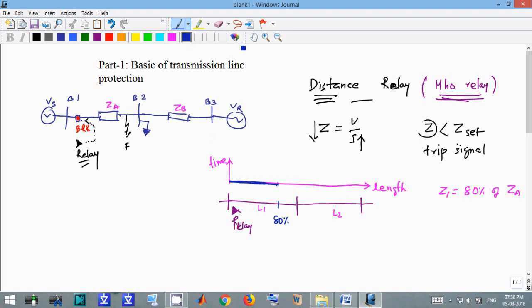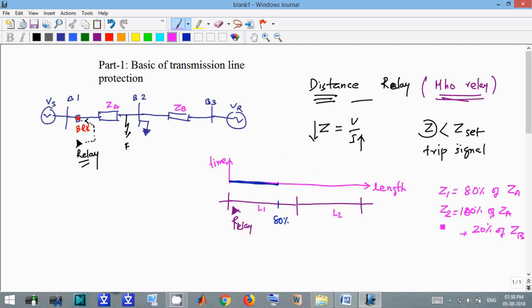Now it will also give protection of the rest of this transmission line, 20%, which is zone 2, which means this is 100% of ZA plus 20% of the next line, and 20% of the next line means ZB.